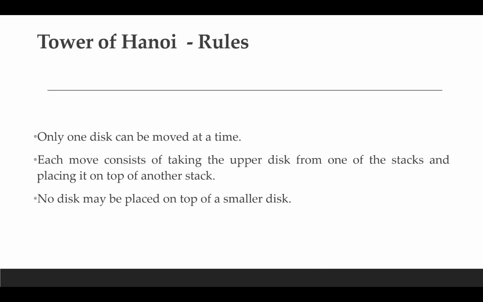Next we will see what the rules are in the Tower of Hanoi. At a time only one disk or one ring can be moved from the pole. Each move consists of taking the upper disk from one of the stacks and placing it on another stack.